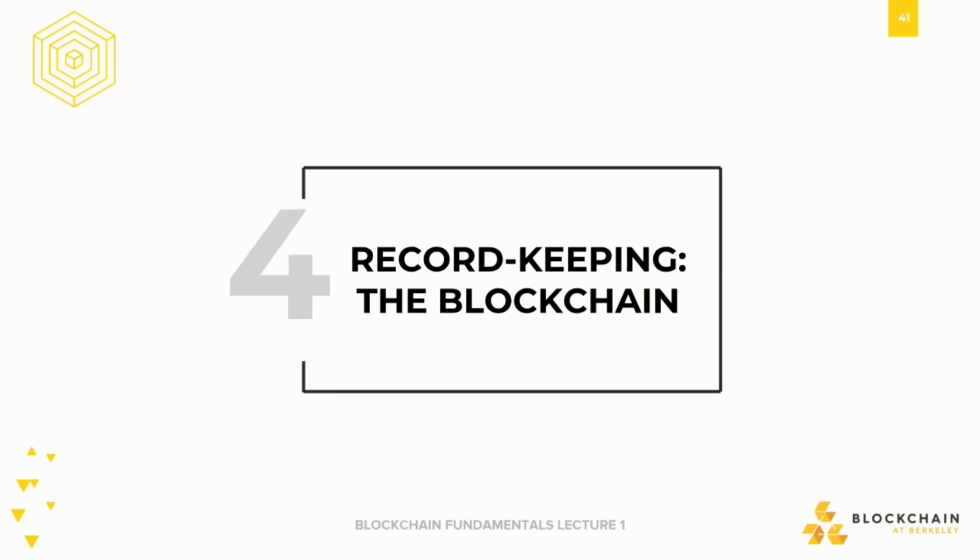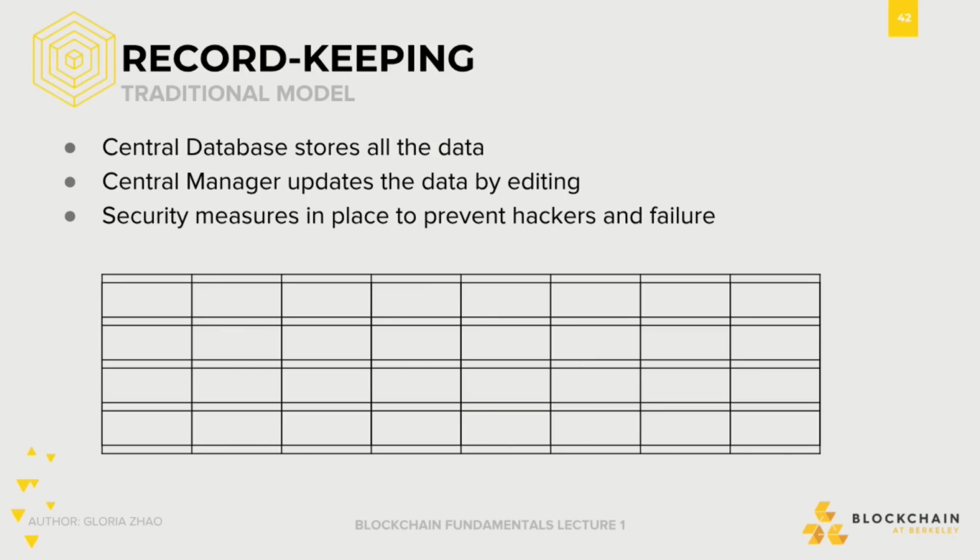So this is the third part, the record keeping, the blockchain. After we have all this transaction data, how do we store it and make sure that it's not going to be changed later? In a traditional bank model, the bank has some kind of central database where they store all this information. And we're going to trust that there's some kind of security measures to make sure that nobody's going to hack into the database and set my account balance to 0 or give themselves $1 million or something.